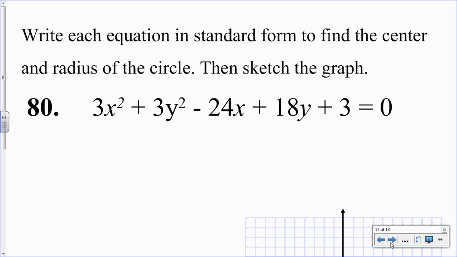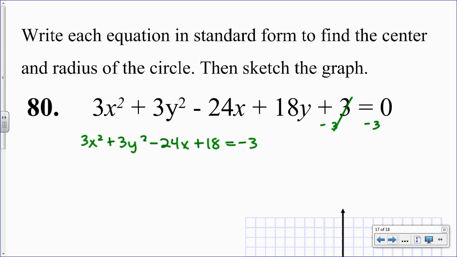Just like before, these start off by moving your constant, so subtract the 3. And then when we complete the square, we want the numbers in front of x squared and y squared to be 1. So if there's a number out front, remember we have to factor it out and divide.